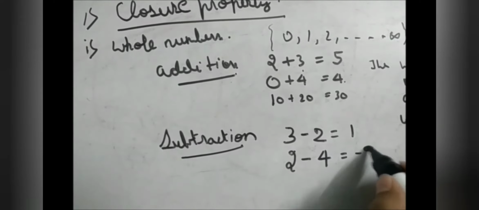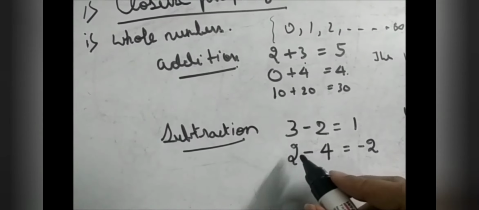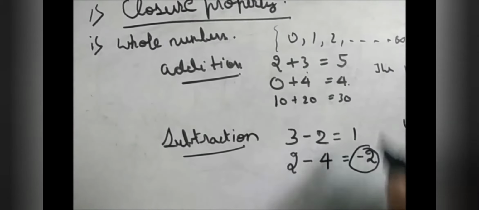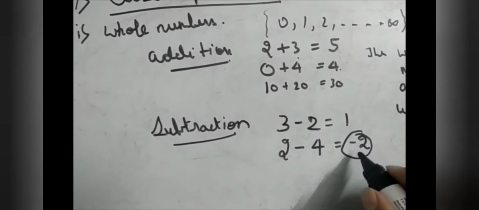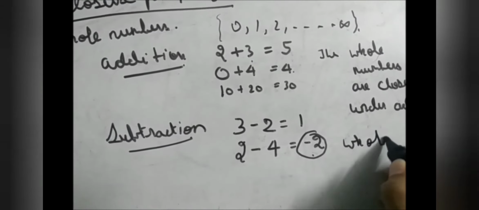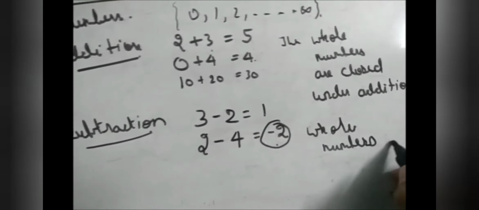We get minus 2. 2 minus 4 is minus 2, and minus 2 is not present in the set of whole numbers. Because of this, we can say whole numbers are not closed under subtraction.